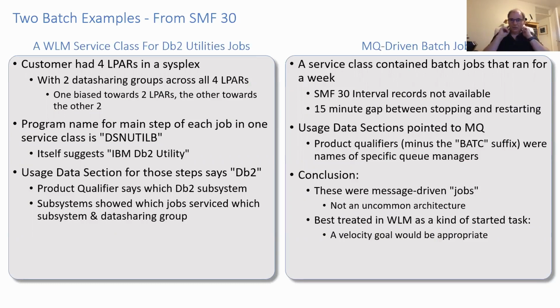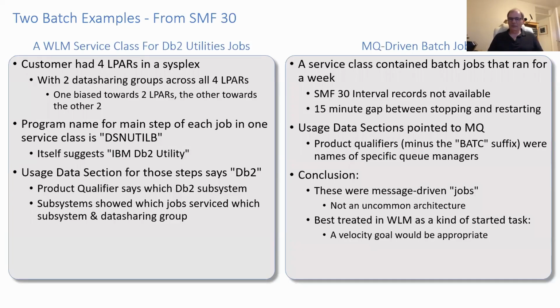Okay, so on the batch point, I've kind of covered the first, let's deal with the right-hand side first. We had a customer case with a service class that contained batch jobs that ran for a week. We didn't have interval records for these jobs, but we knew they ran for a week because we had step end records.